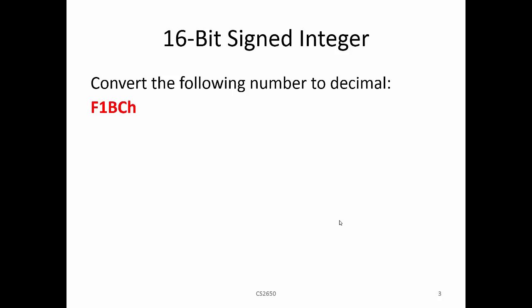Let's say we are in a 16-bit signed integer world, 2's complement, right? And I want you to convert the following number to decimal notation, F1BC. So, what is the first question you ask yourself? Is the number negative? How do we know if the number is negative in hexadecimal notation?